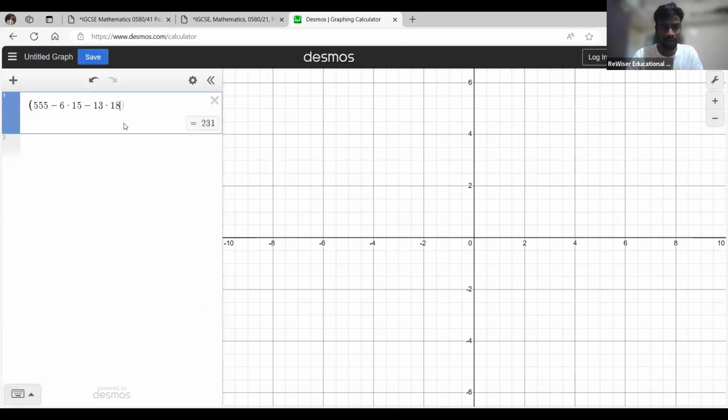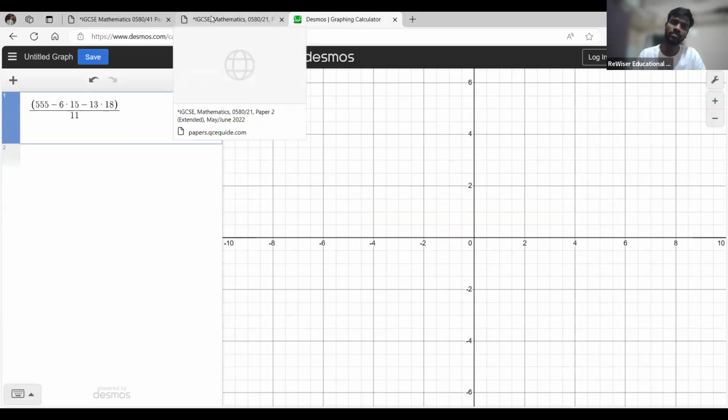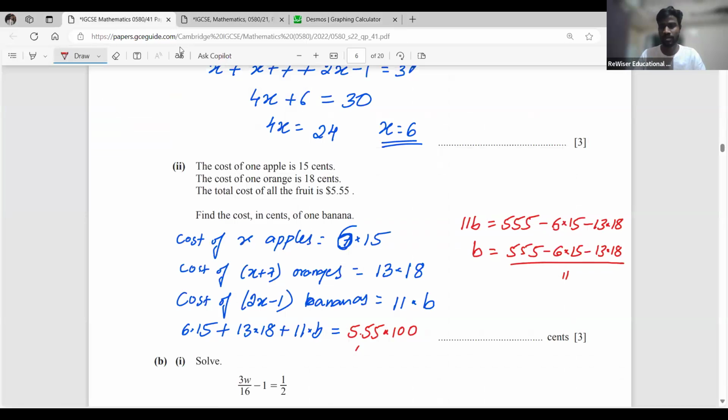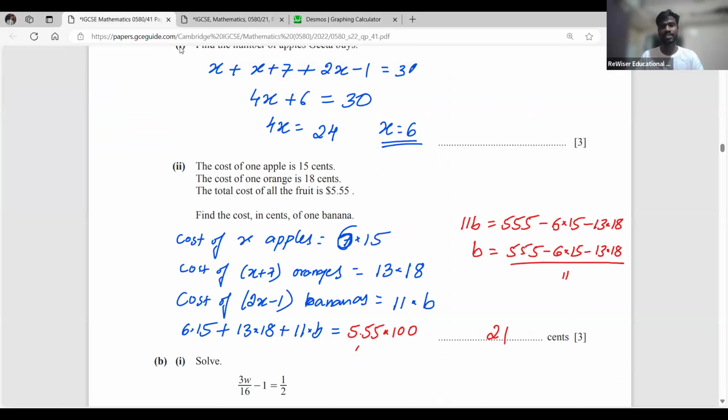And this entire thing divided by 11. And that's going to give us the result as 21. So which means each banana is going to cost 21 cents. And this is the right answer for this part 2.